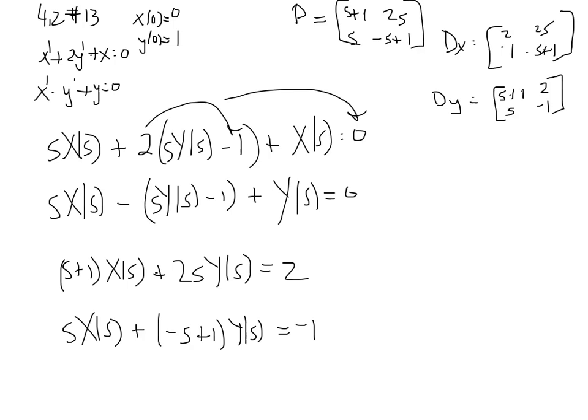Okay, so to find x, we take the determinant of the d sub x matrix. That's going to be minus 2s plus 2 when I multiply that way, and then I subtract and multiply that way, plus 2s, divided by, let's see, that's going to be, I got to multiply this way and do FOIL.